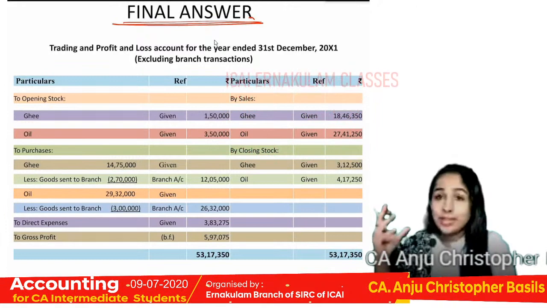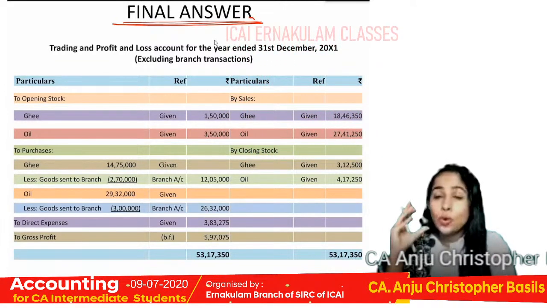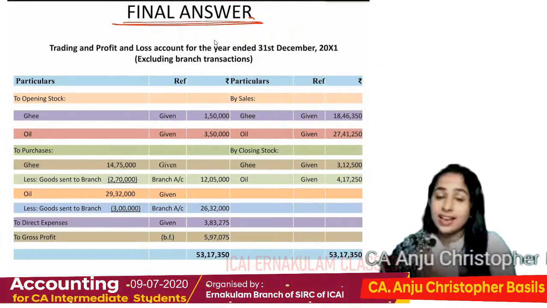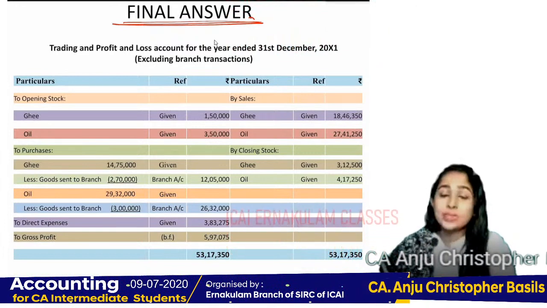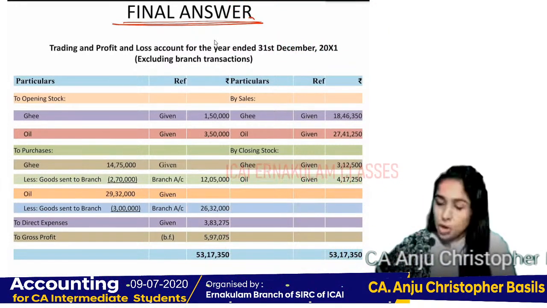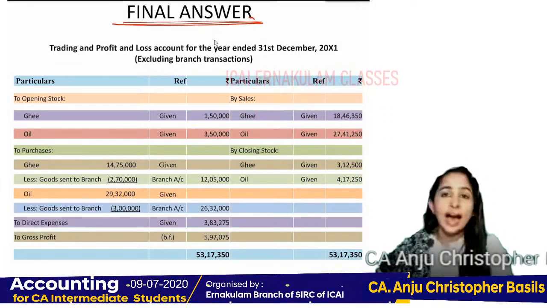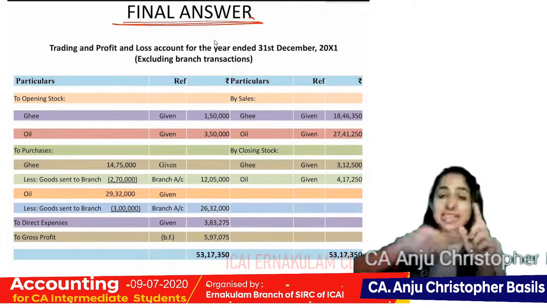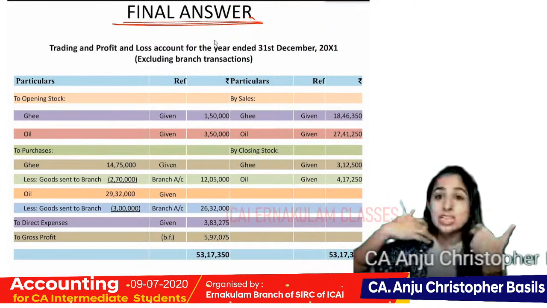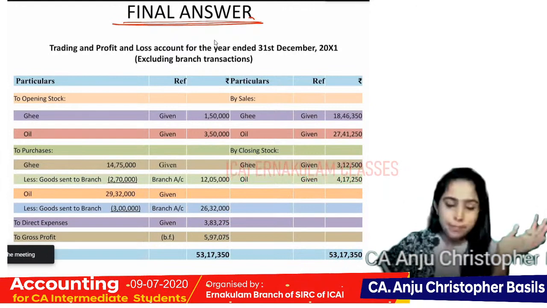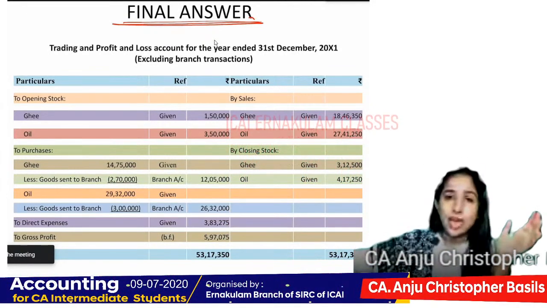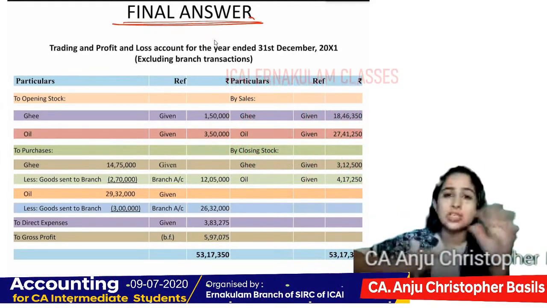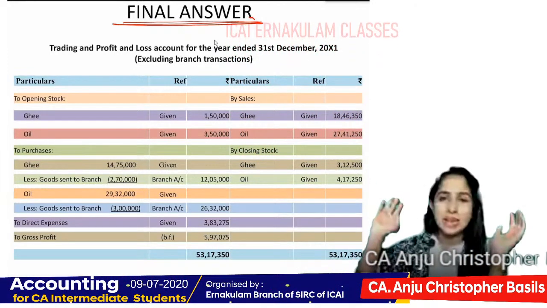Instead, you will be taking the total net profit of the branch, and only that you will be adding in the P&L. You are asked to exclude the branch transactions, meaning how much is sent from branch to HO and from HO to branch. All such transactions you can just eliminate.